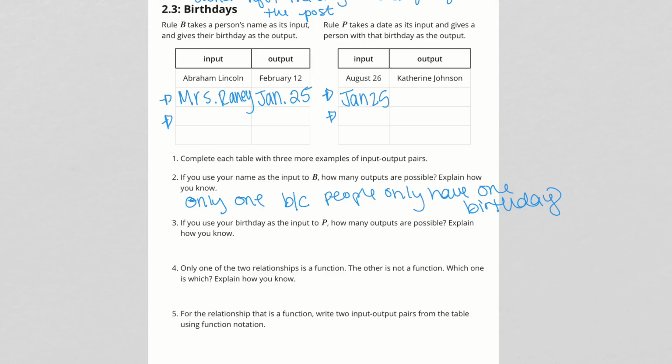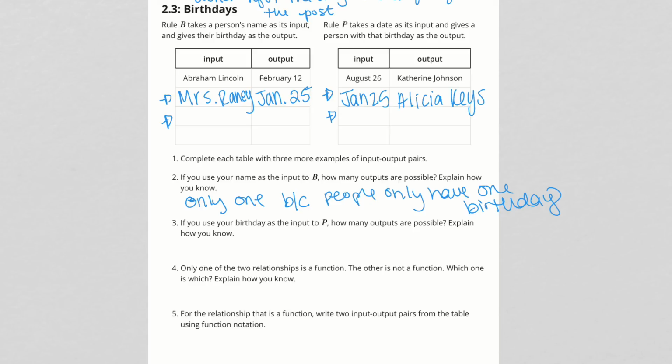A famous birthday that is January 25th is Alicia Keys. Let's put that. I hope you guys know who that is. You're going to make me feel old.